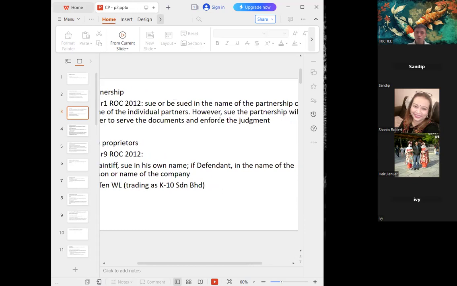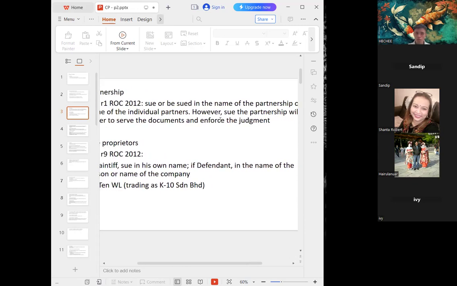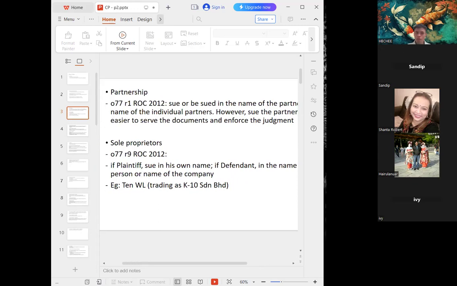However, the benefit of suing in the name of the partnership is that it is easier and more convenient for serving the documents and enforcing the judgment. If you sue individual partners, there are some challenges, because they can say this partner is no longer working here or is not here today, but the partnership, the firm itself, will still be there and it is easier to serve the documents.